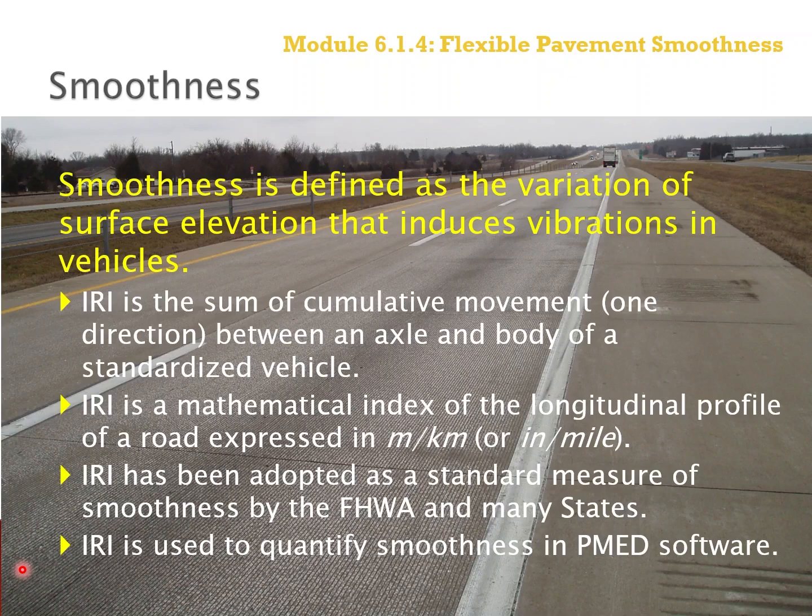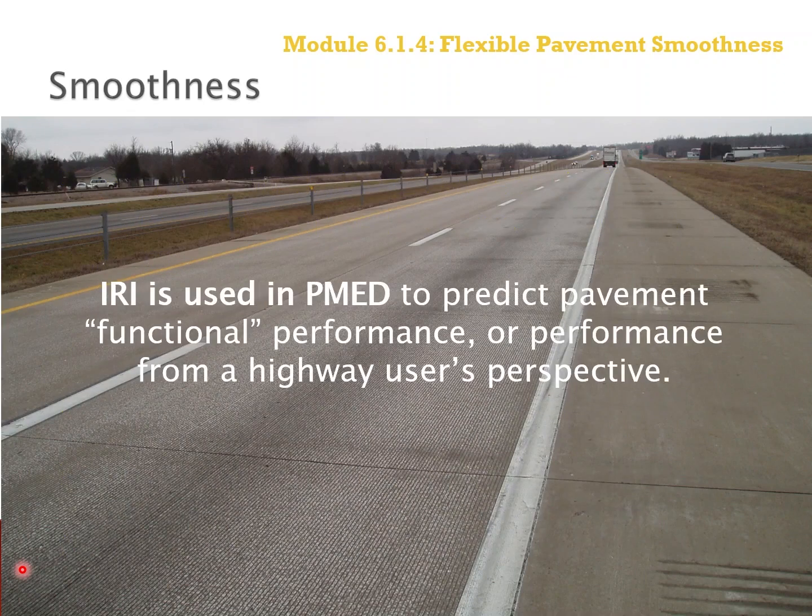IRI has been adopted as the standard measure of smoothness by the Federal Highway Administration and many individual state highway agencies. IRI is used to quantify smoothness in the Pavement ME design software. Smoothness in the Pavement ME design software is used to predict pavement functional performance of a flexible pavement from a highway user's perspective.